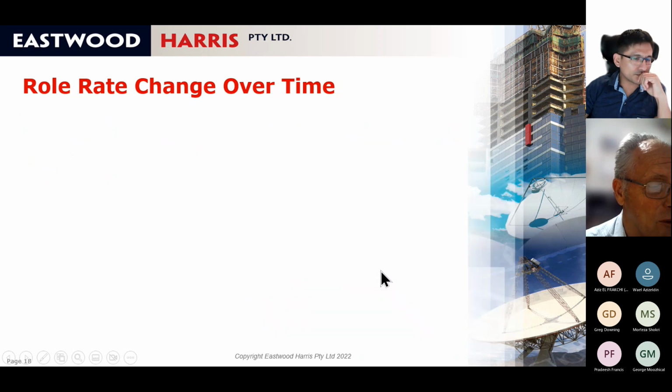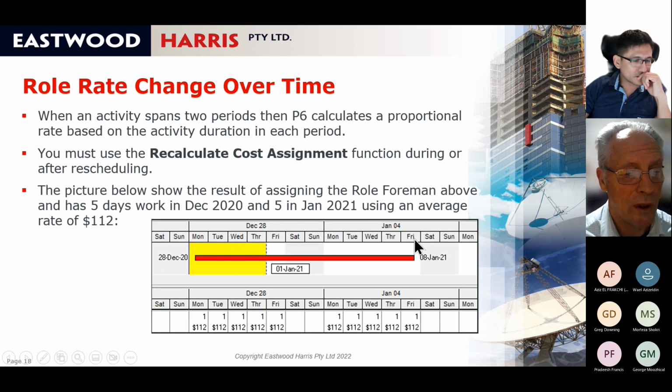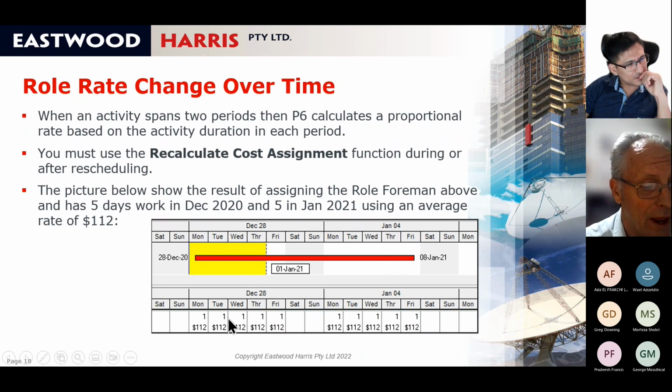If I go to this next picture, you can see that here it's 110 and here it's 120. So P6 has got an average rate over the whole of the activity. So the cash flow here is high and the cash flow there is low.